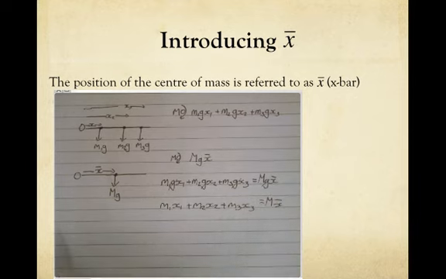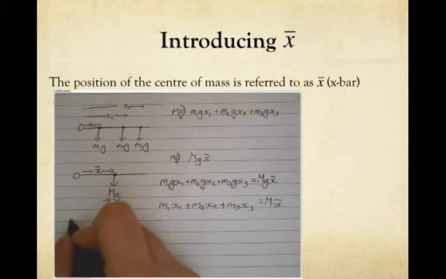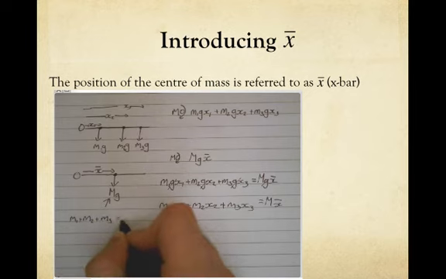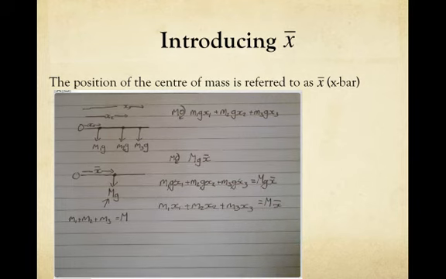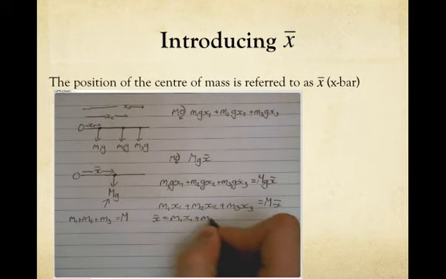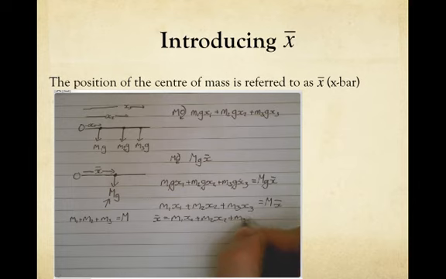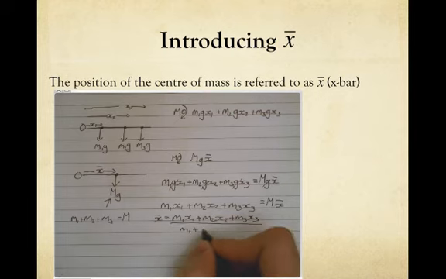Now the mass here, because we're looking at the mass from the combined system, if you resolved and said they have to be equal to each other, resolving vertically, you'd find that m1 plus m2 plus m3 equals M. So putting all that together gives us x bar is equal to m1x1 plus m2x2 plus m3x3 divided by m1 plus m2 plus m3.